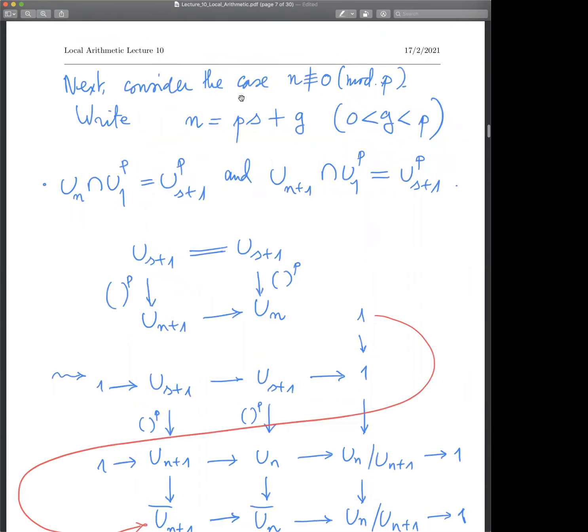In the second part, we have to see what happens when n is prime to p.